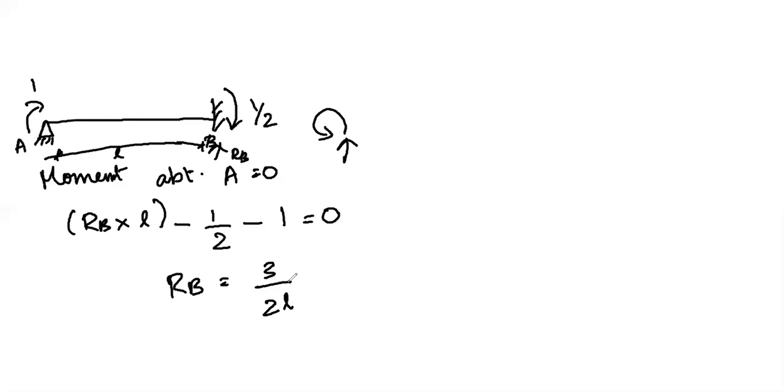Next, we are going to introduce one hinge. Sorry, not a hinge, we are going to introduce one section. Let us take this section as X, at a distance of small x from support A. You know the value of RB now as 3 by 2L. So what will be the value of RA?